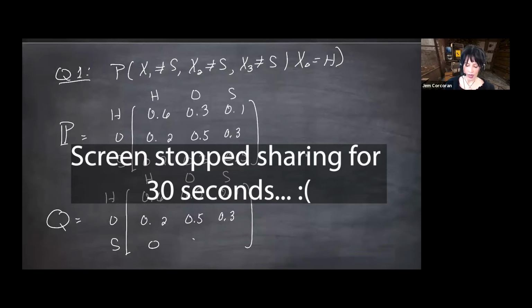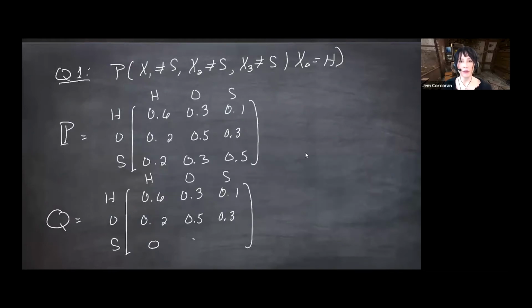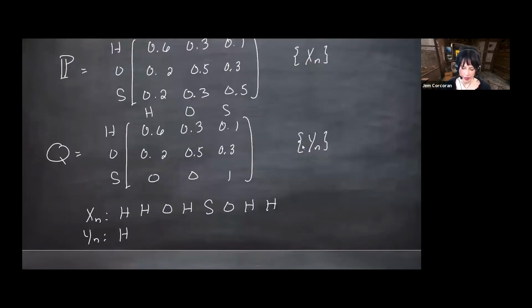But the Yn chain starting in the same place will follow those probabilities. So as I write out the Ys, the chain is going to look the same: happy, happy, okay, happy, sad. But once it hits sadness, it will be forever stuck in sadness.